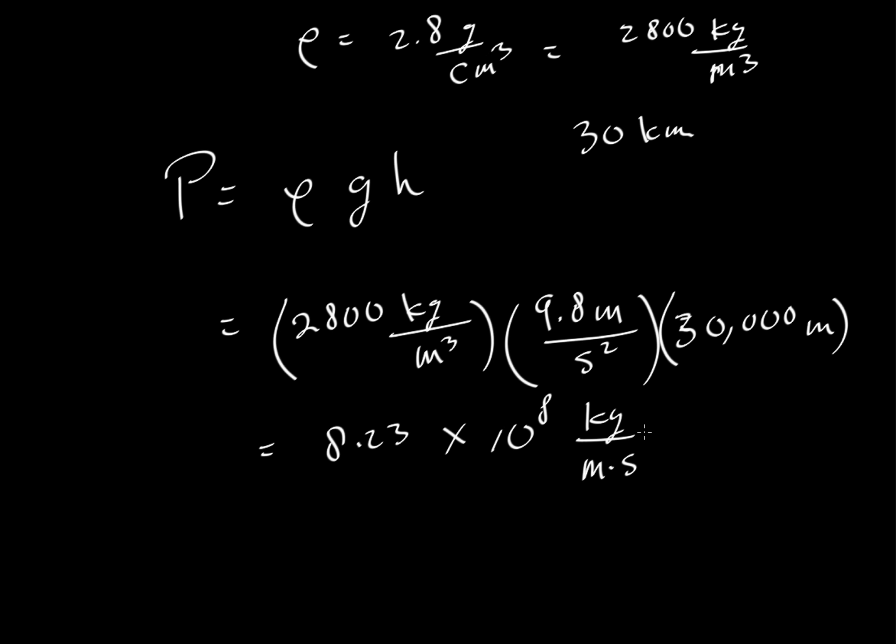And what does that give us? Well, this is equal to pascals. Remember from another video, 1 pascal is equal to 1 newton per meter squared. And so that's what we have in a different form of units when we're expressing newtons in terms of kilograms.